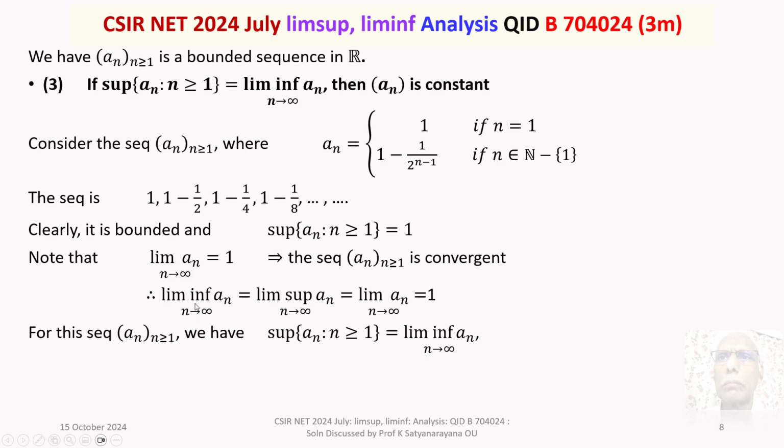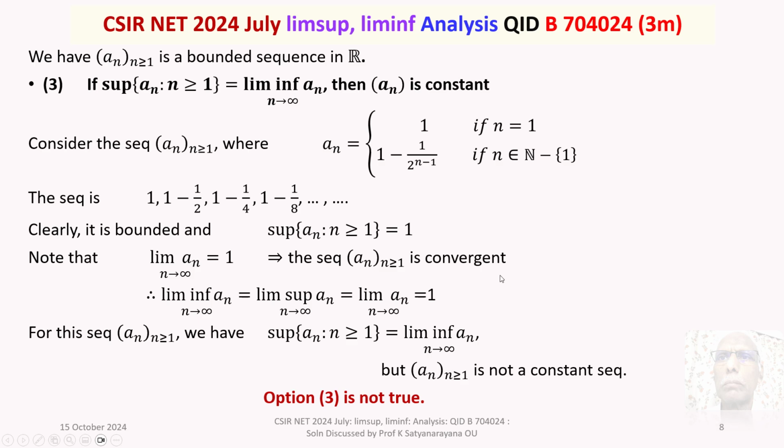The limit inferior is also 1. But a_n is not a constant sequence. Therefore, this is not necessarily true. Therefore, option 3 is not true.